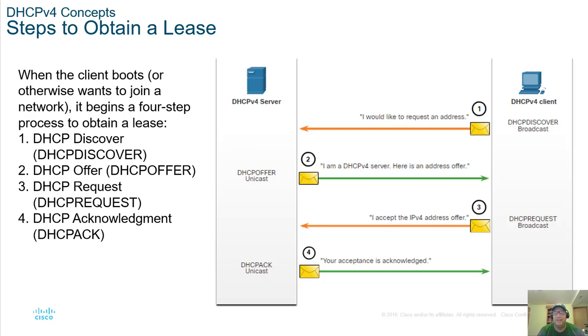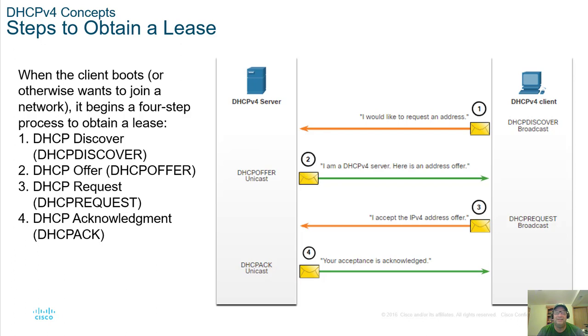That message is a broadcast message that will go to all the devices on that network. And it'll say something like this, and this is a simplification: howdy, looking for a DHCP server to gain an address. That's essentially what it says. My MAC address is attached, so you can find me on the LAN through the switch with my MAC address. Please send me an address that I can use.